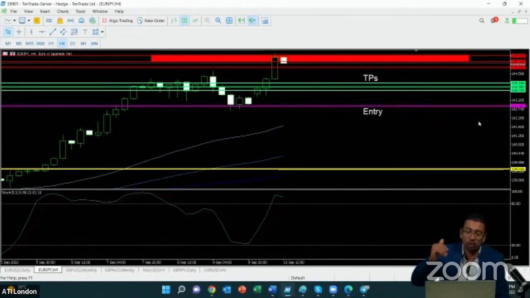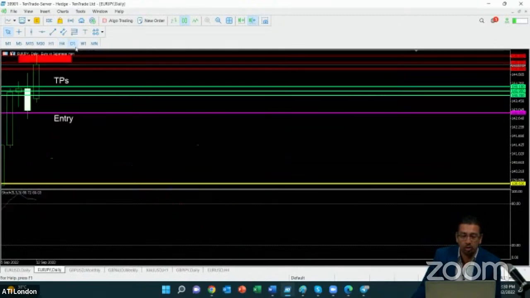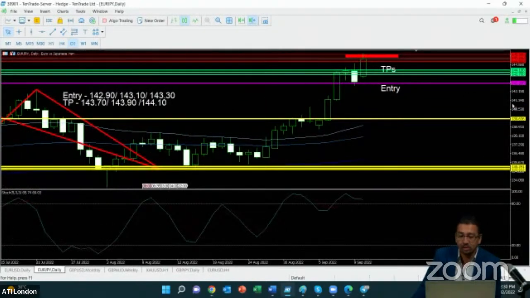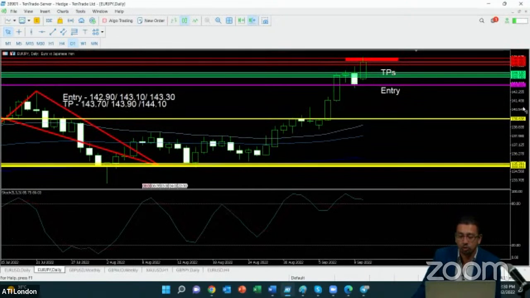Unless it goes lower than 145.00, then we would look at other fundamentals or any other factors that could drive it much lower. But at this stage, I think it's probably best to take a breather for Euro JPY, mainly because it doesn't really give us clarity. It's probably best for us to wait until it either breaks out of that zone at 145.50 and above, then we have more buying power and buying opportunity.